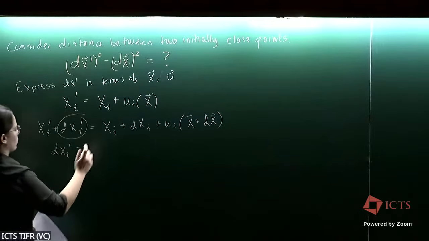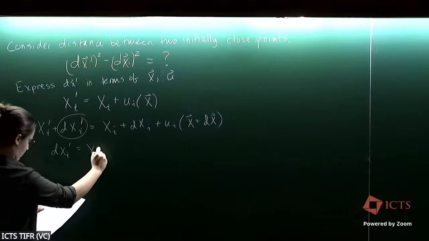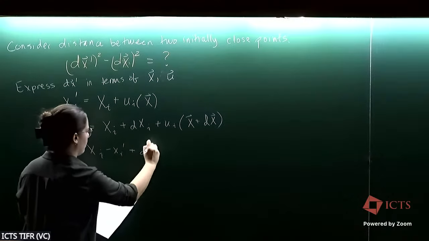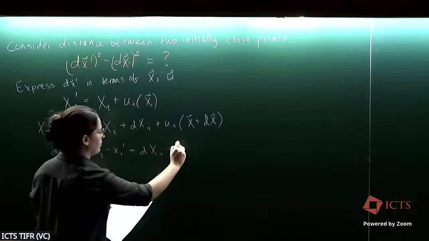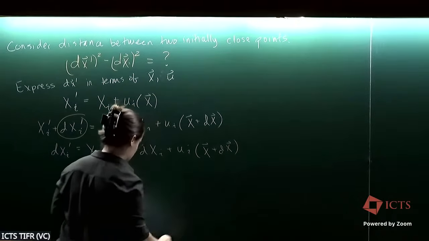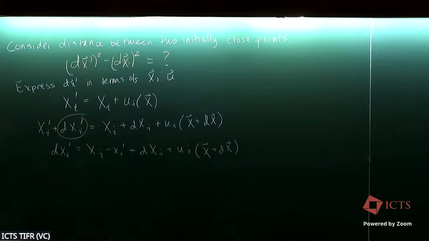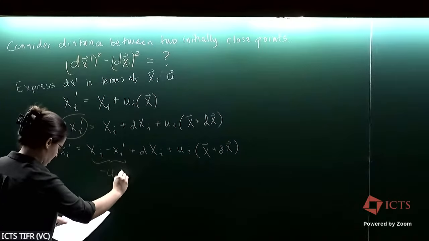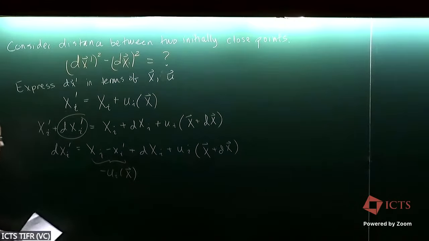We're going to move this over. We have x_i' minus x_i equals dx_i plus u_i(x + dx). And now we can start recognizing things. This big X_i' minus X_i is just minus the displacement at position x.